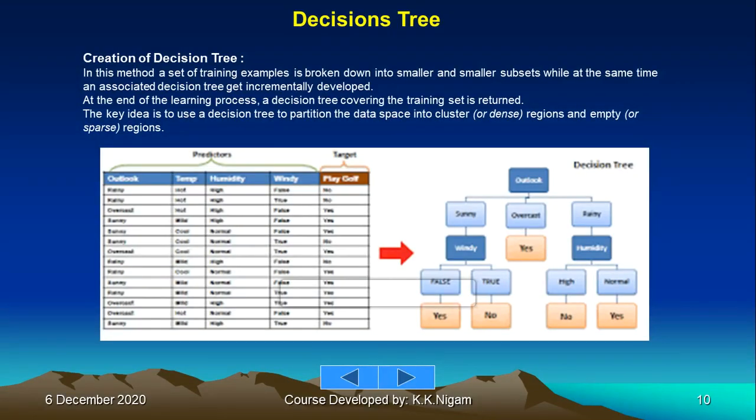Creation of a decision tree: in this method, a set of training examples is broken down into smaller and smaller subsets, while at the same time an associated decision tree is incrementally developed. At the end of the learning process, a decision tree covering the training set is returned. The key idea is to use a decision tree to partition the data space into dense regions and empty regions, and with the help of that you can make your decisions.